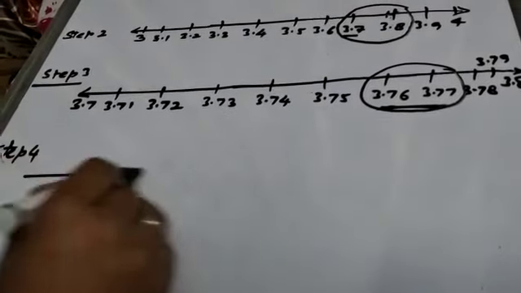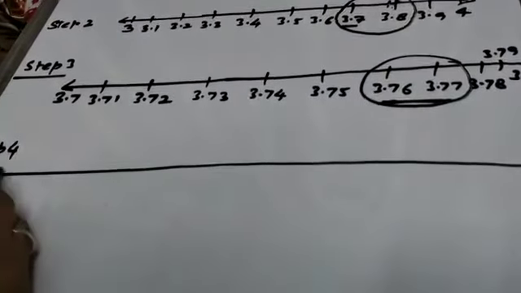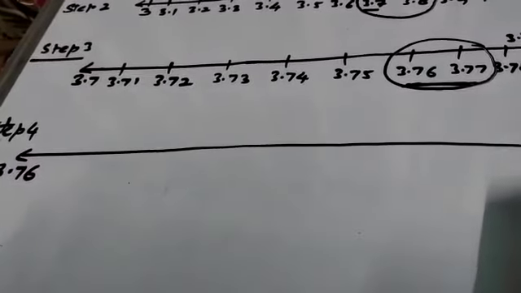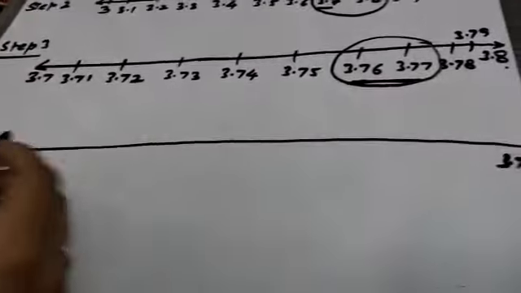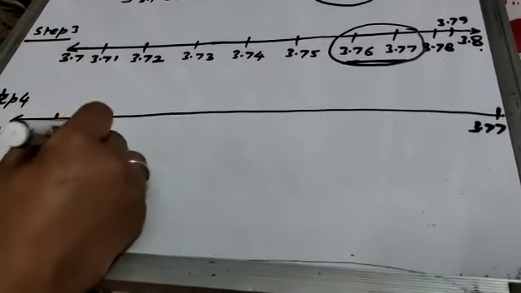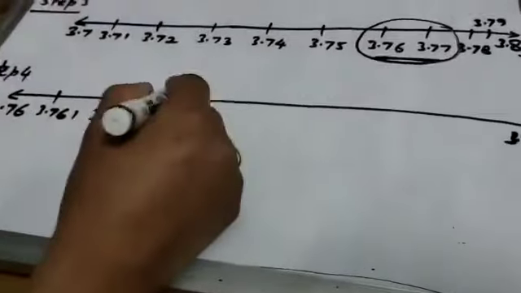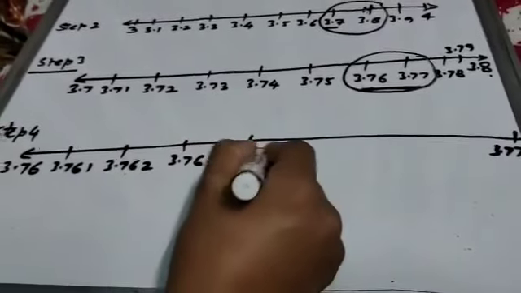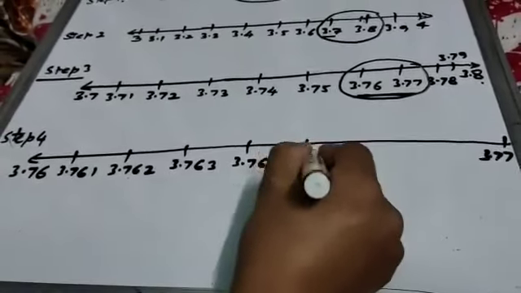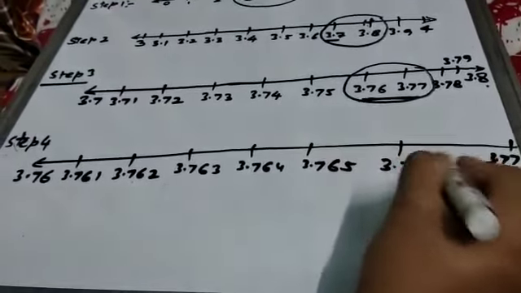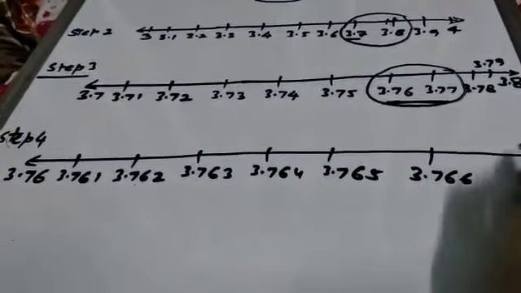Now you will draw a number line, and here you will write 3.76 and here 3.77. Again you will divide it into 10 equal parts: 3.761, 3.762, 3.763, 3.764, 3.765, 3.766, and so on.